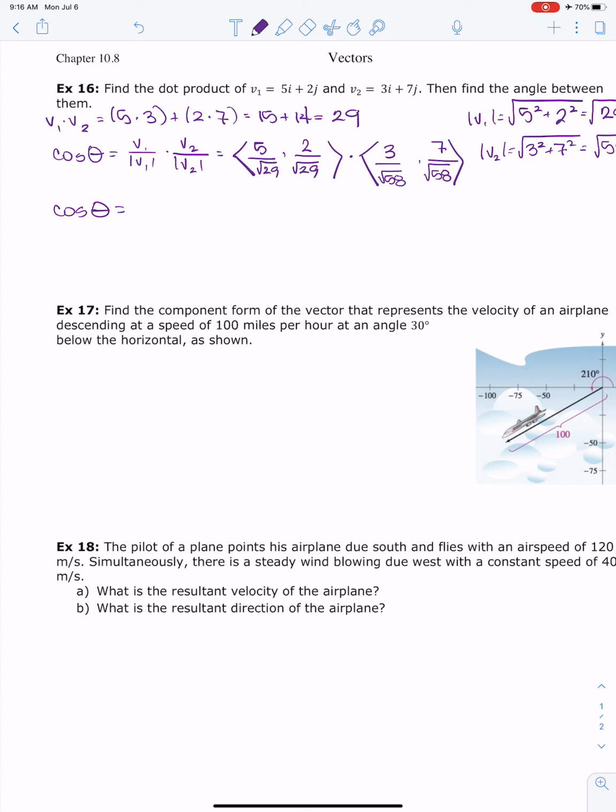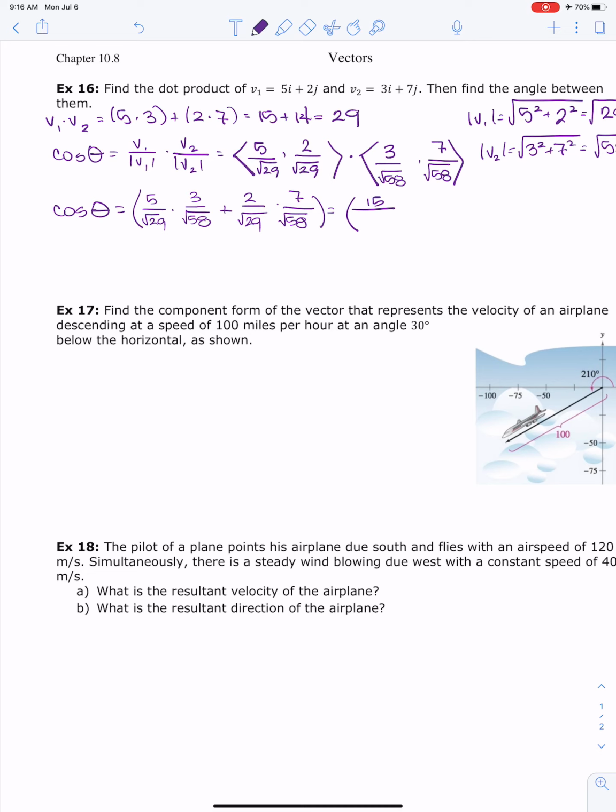So what have I got? I've got my x components multiplied together. So 5 over the square root of 29 times 3 over the square root of 58, plus my y components multiplied together, so 2 over the square root of 29 times 7 over the square root of 58. 5 times 3 is 15.